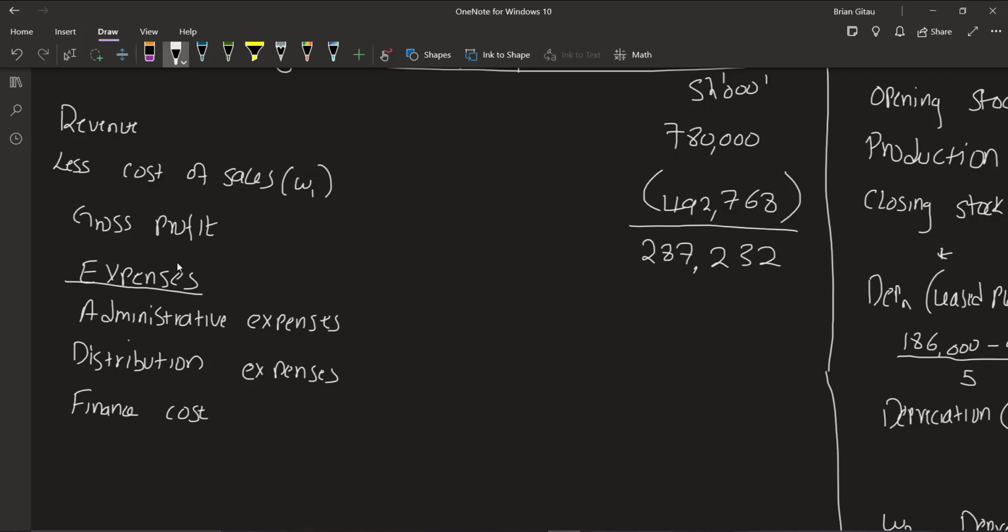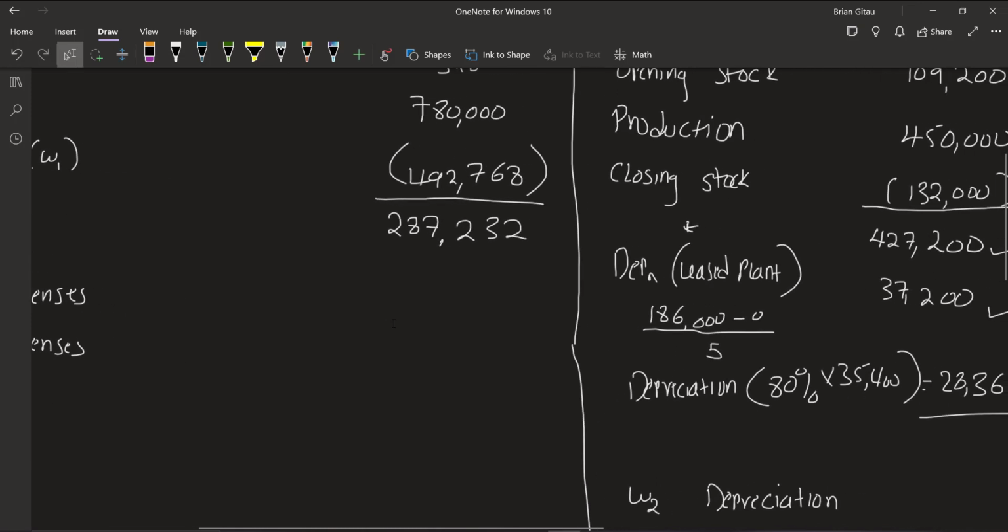So let's start with administrative expenses. As per the trial balance, we are given administrative expenses as 156,000.